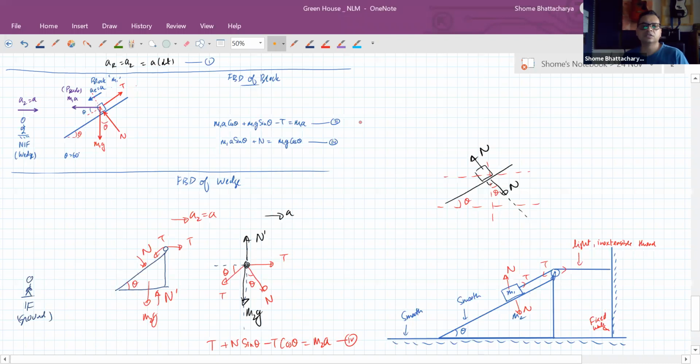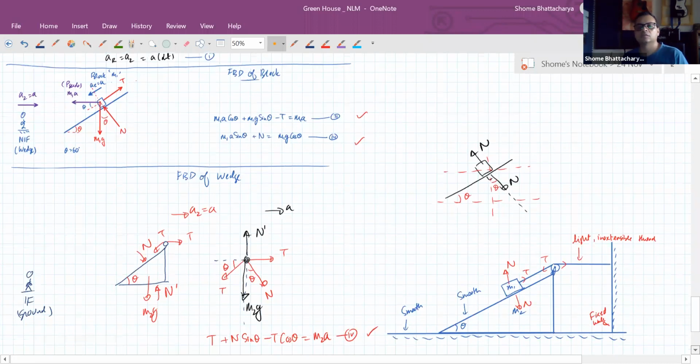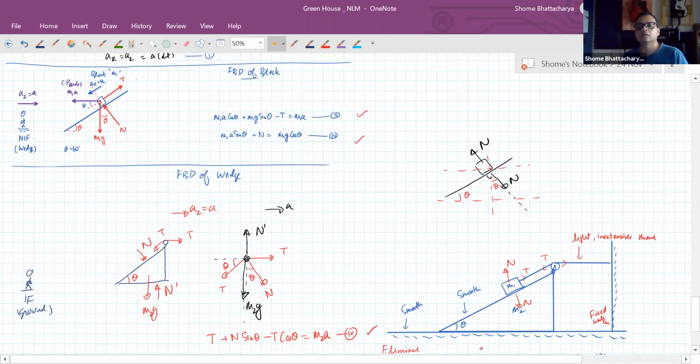So we just need these three equations. Between equations 2, 3 and 4, we need to eliminate the variables T and N, and from that we can find a. And from that we can find a1 and a2, the accelerations of these two in the ground.